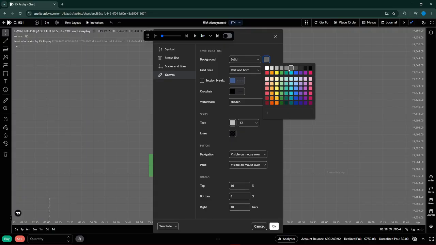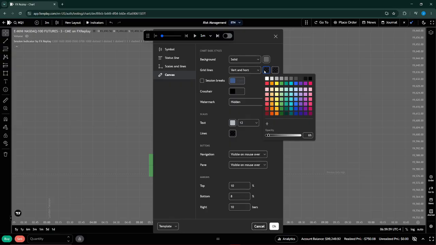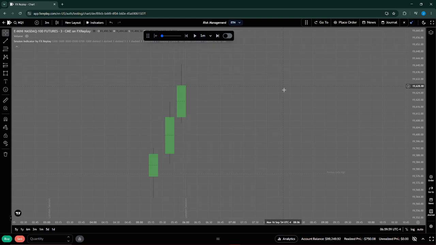Grid lines, this is the problem, yeah. So we'll make the grid lines all the way white. I just want y'all to be able to see these wicks. Maybe we'll change the color of it so it'll come out a lot easier.